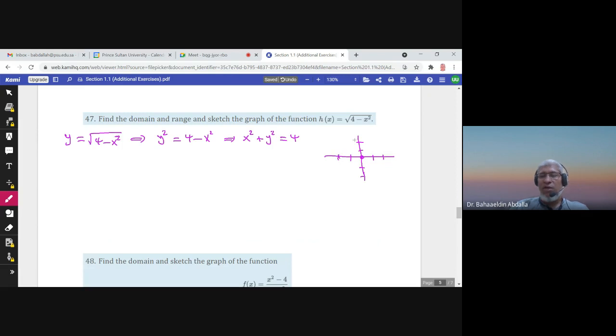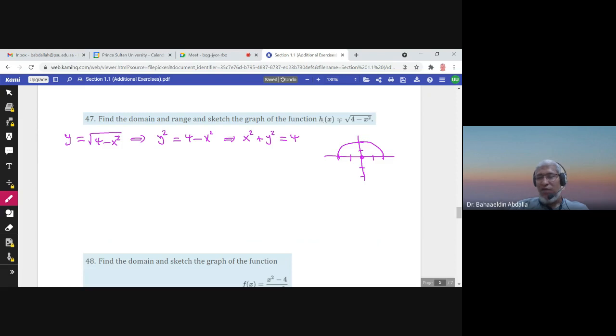So you can graph the circle. But the function is not the circle. The function is y equals square root of 4 minus x squared. Y equals the positive square root. So y is positive. So in fact, the graph of this function is the upper half of the circle.